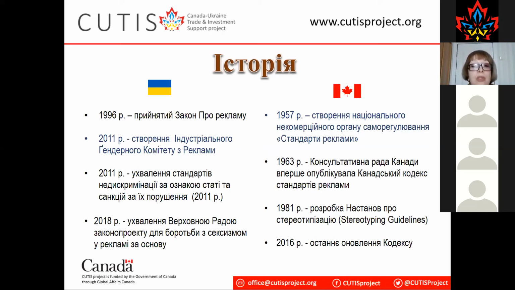The standards for commercials were approved in 2011, and there is also the Committee for Advertisement, an informational self-regulated body. That is why we see a 54-year difference between us and Canada.